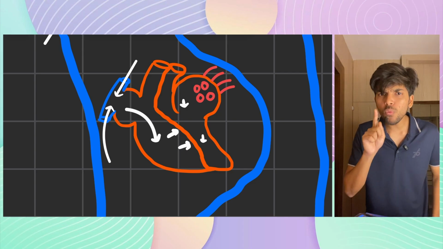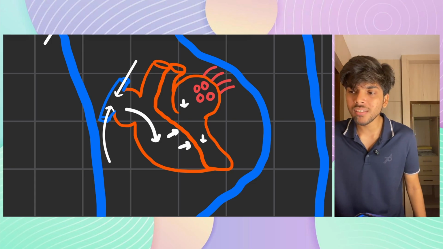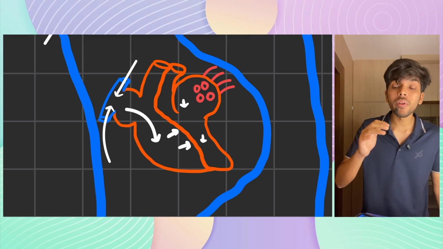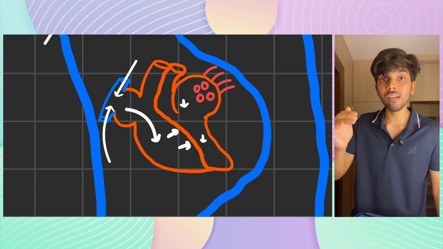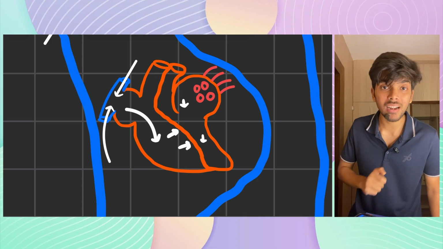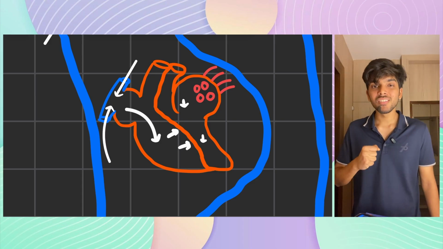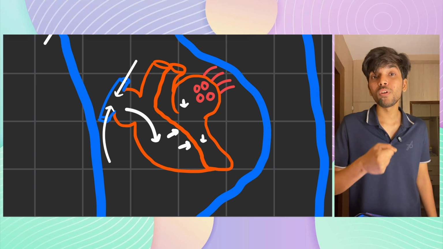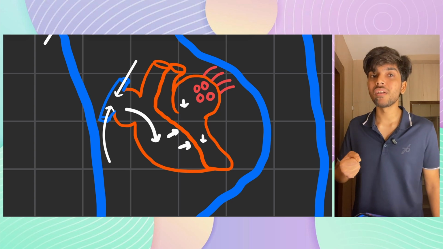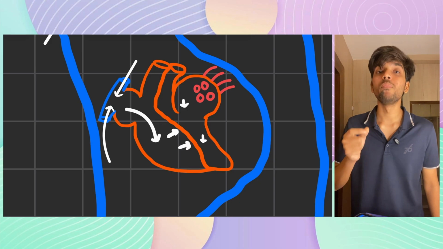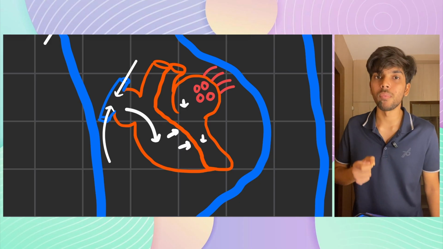It is only in certain pathologies that the systolic blood pressure decreases by more than 10 mm of Hg that we call it pulsus paradoxus. So pulsus paradoxus is not actually the measurement of your pulse, but instead the measurement of your blood pressure, more specifically the systolic blood pressure.